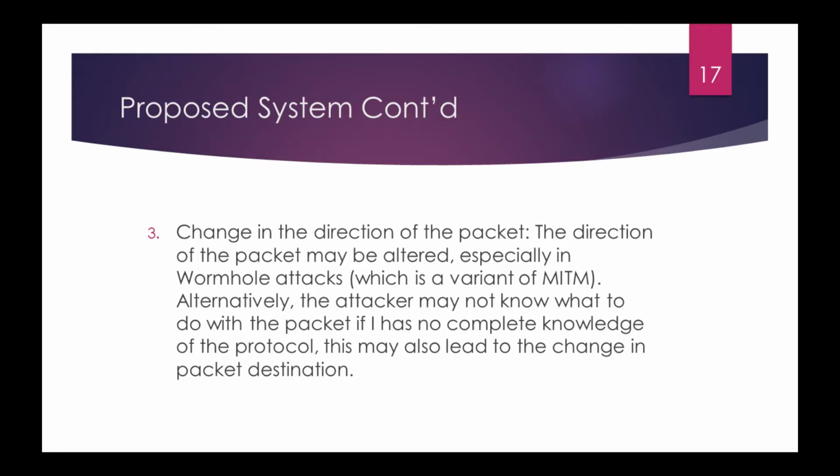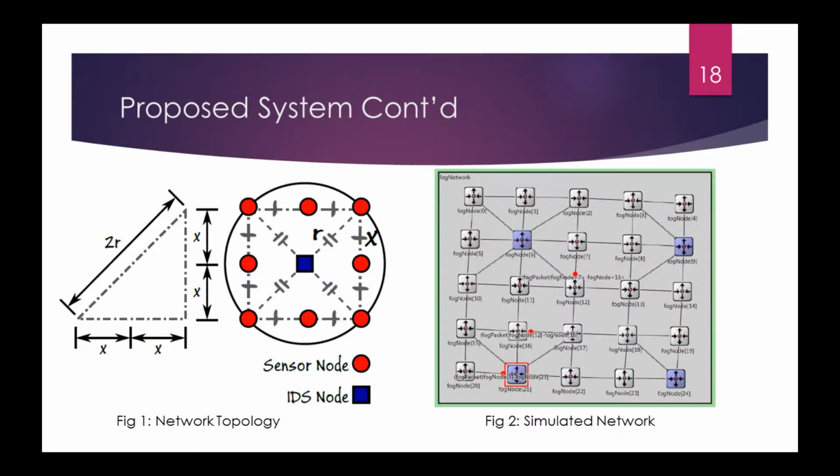So this is our proposed system. It consists of an IDS node which is surrounded by sensor nodes one hop away. R is the range of the IDS node as well as the sensor nodes, while X is the distance between the sensor nodes.